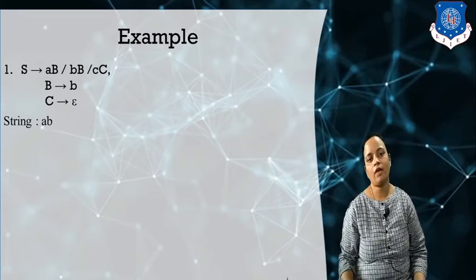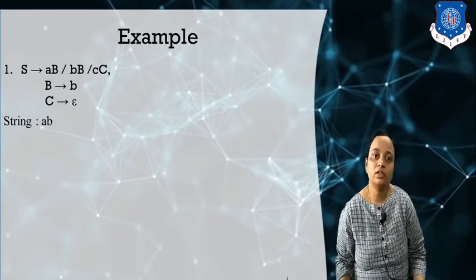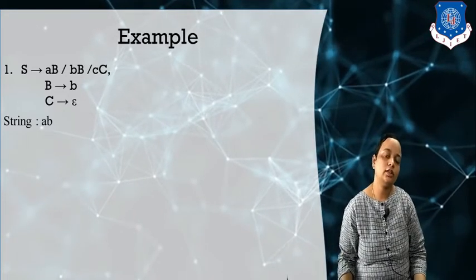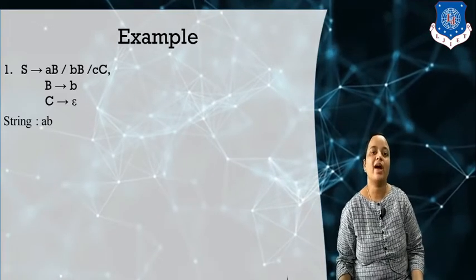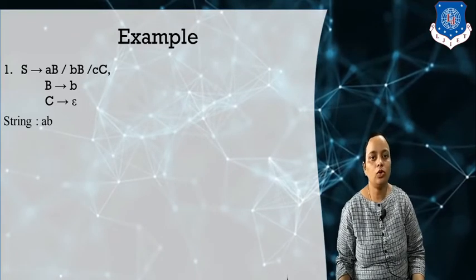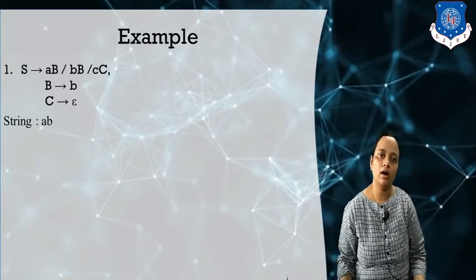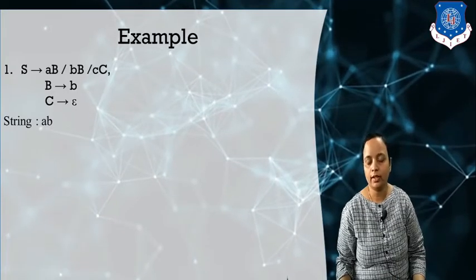Suppose I want to generate the string ab. Always remember, strings contain only terminal symbols. Now I want to generate the string ab by using the derivation tree. As we discussed in the previous slide, in the derivation tree the root node always contains the start symbol, the internal nodes contain the non-terminals, and the leaf nodes contain the terminal symbols.